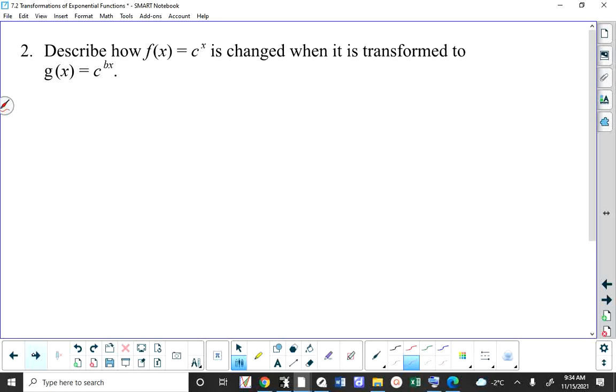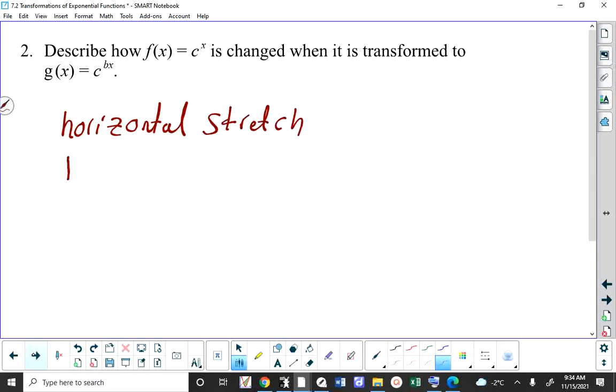So I'm going to start abbreviating things here. I better not. So we have a horizontal stretch by a factor of the reciprocal of the absolute value of b.